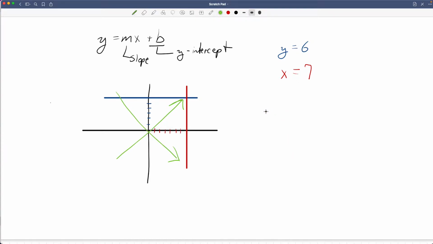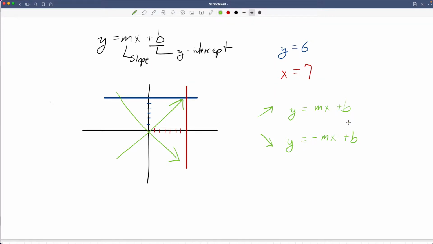So we would say a positive when it goes up. Let me erase this. When it goes up, we would have y is equal to mx plus b. And if it's going down, then y is equal to a negative mx plus b.